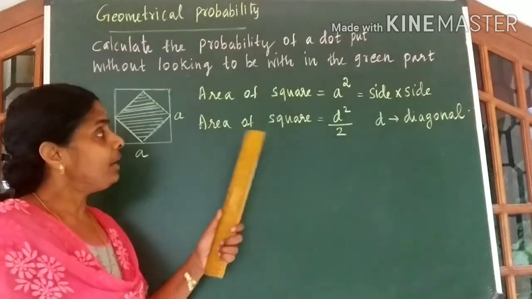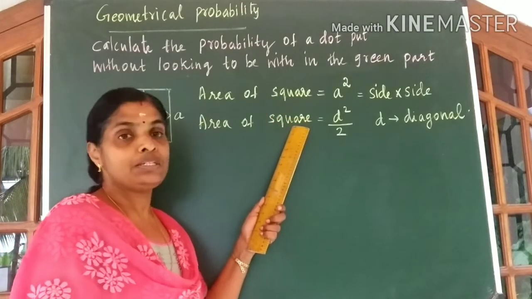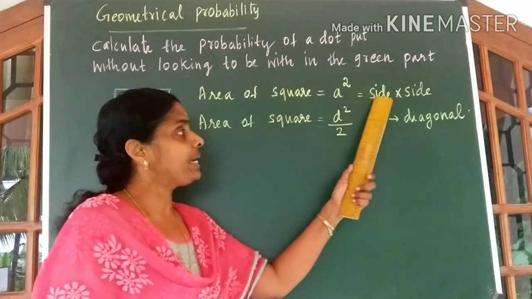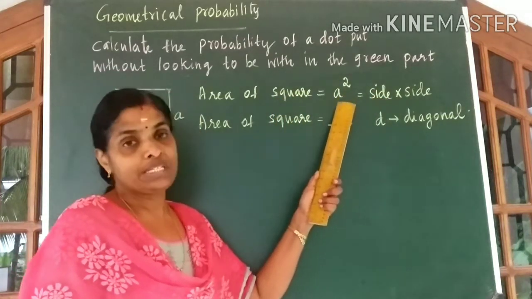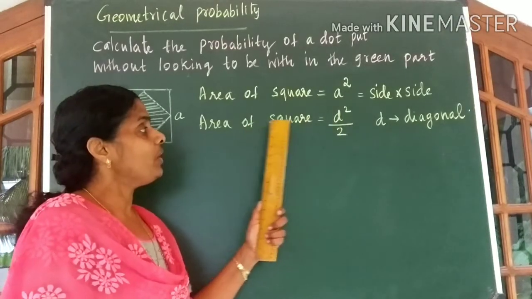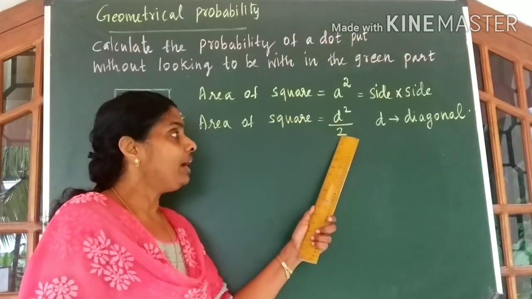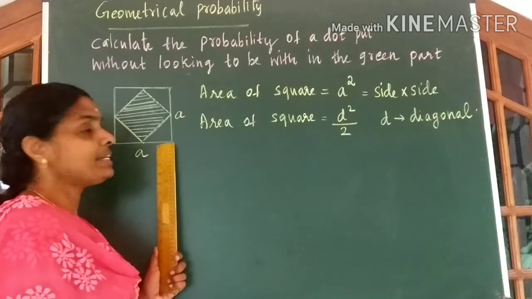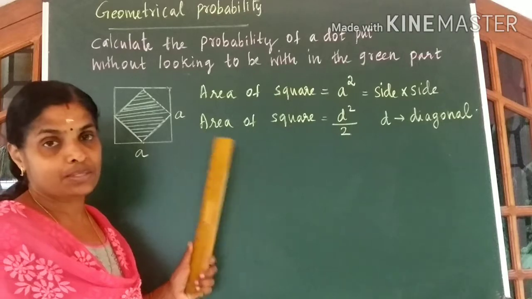Now you know two formulas to find the area of a square. Area of a square is either side into side, which is represented as a square, or otherwise area of square is half d square. Area of the bigger square is equal to a square, isn't it?